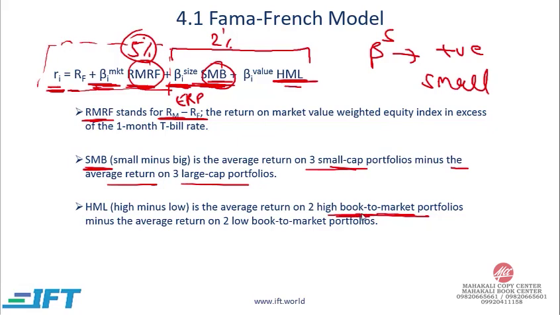High book to market means value stocks. So this HML, high minus low, is the average return on 2 high book to market portfolios minus the average return on 2 low book to market portfolios. A company that has an average book to market ratio will have a beta of 0. A company with a high book to market ratio will have a relatively high beta value.